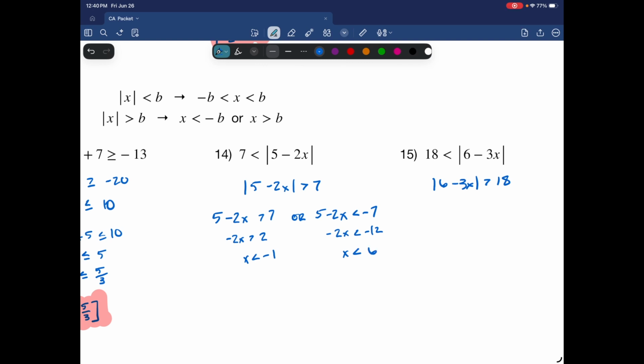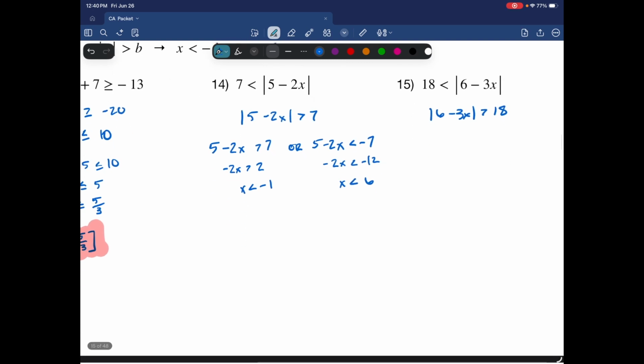All right, so where do I shade? Typically with an or statement like this, you're going to shade in opposite directions, but just to be sure, we're going to draw a number line. And negative 1 on one side, 6 on the other. That should be greater than. All right, so parentheses, shade to the left, parentheses, shade to the right.